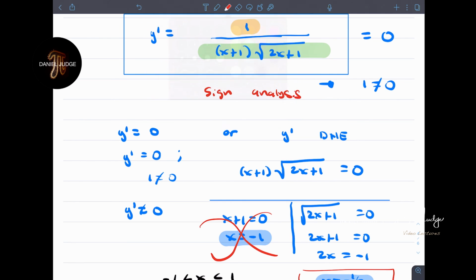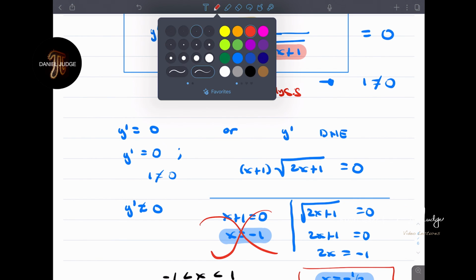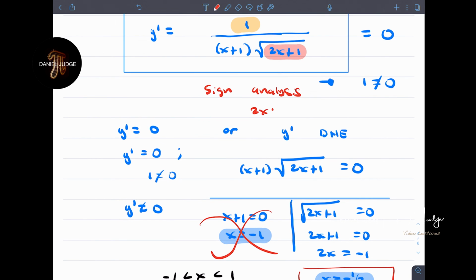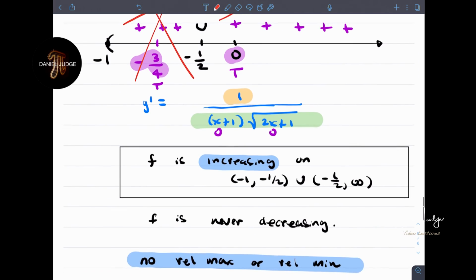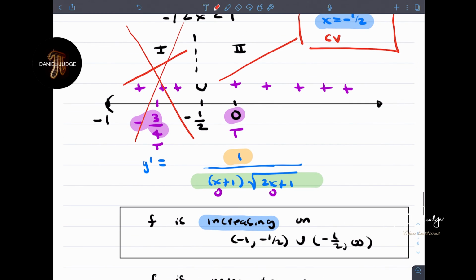Let's take a look. 2x plus 1 has to be greater than 0. 2x is greater than negative 1. x is greater than negative 1/2. There we go. So this is why your quadrant 1 is gone.